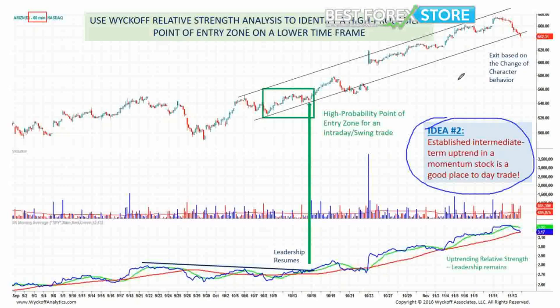But if you don't have a lot of time to scan for stocks like this and be quick in analyzing the stocks on the go, let's say if you're using first 30-minute scans, then it's better to stick to popular momentum stocks and just day trade them and be an expert in those stocks.